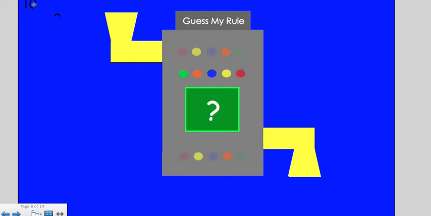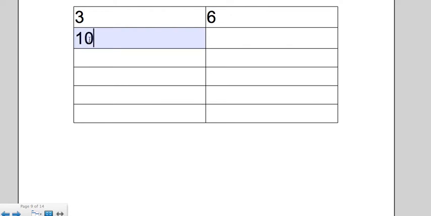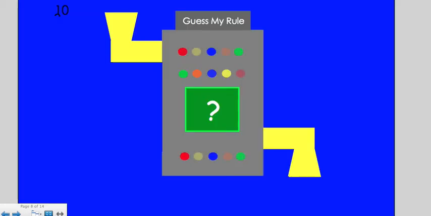If I take 10 into my function machine, I'm getting 20. So my input is 10 and my output is 20. Let's try another one. My input is 8. My output is 16.